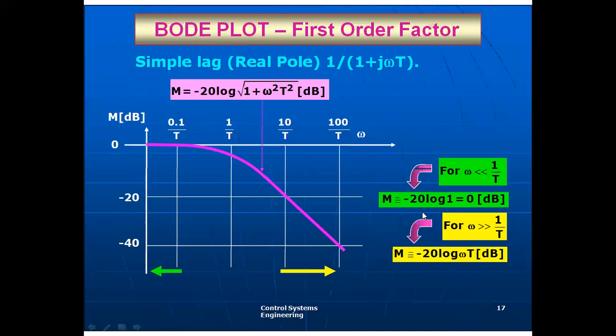Then when omega is greater than 1 by T, which is higher than 1, what will happen?